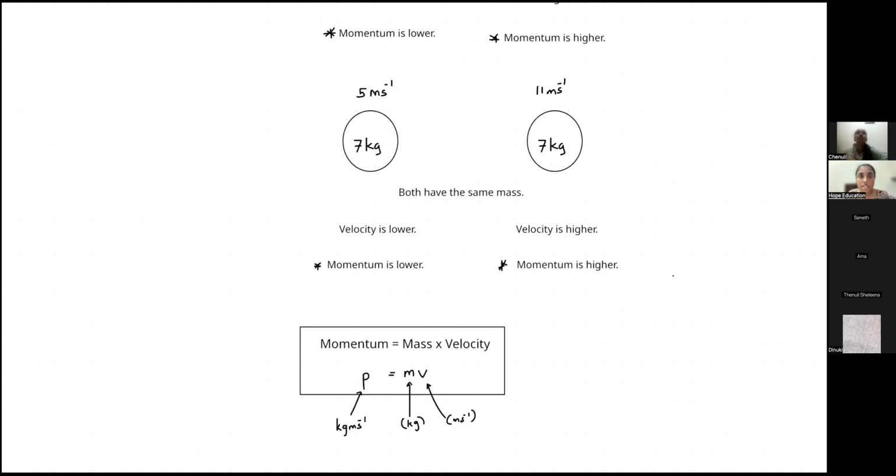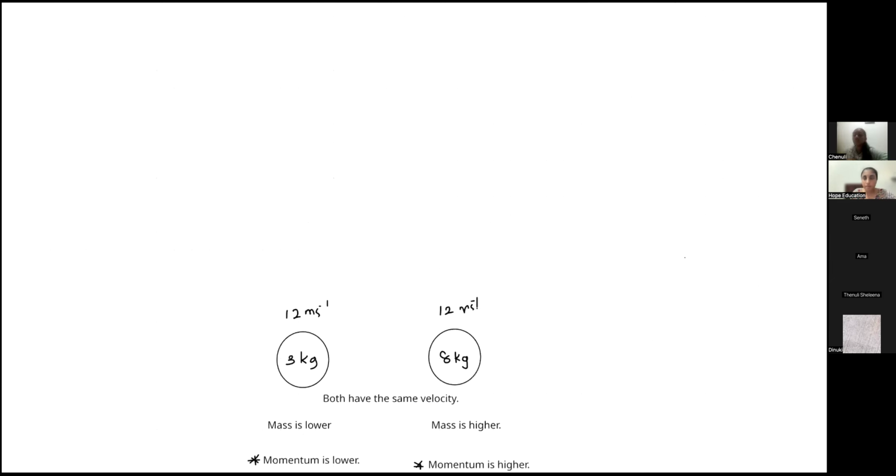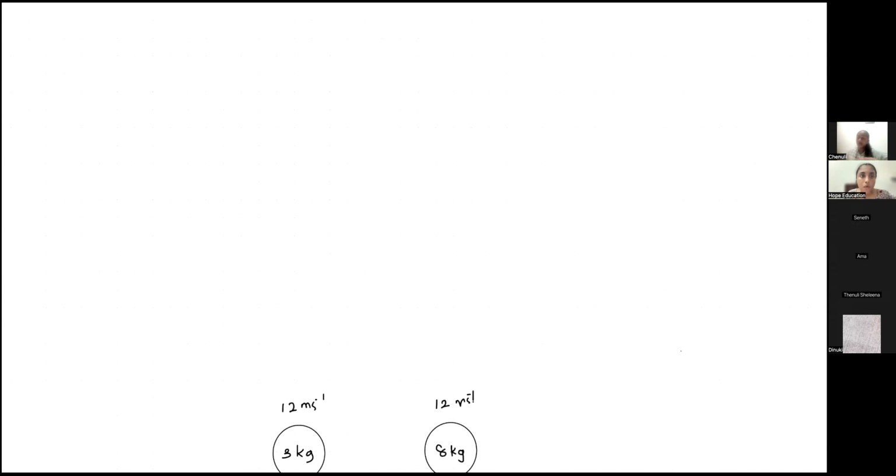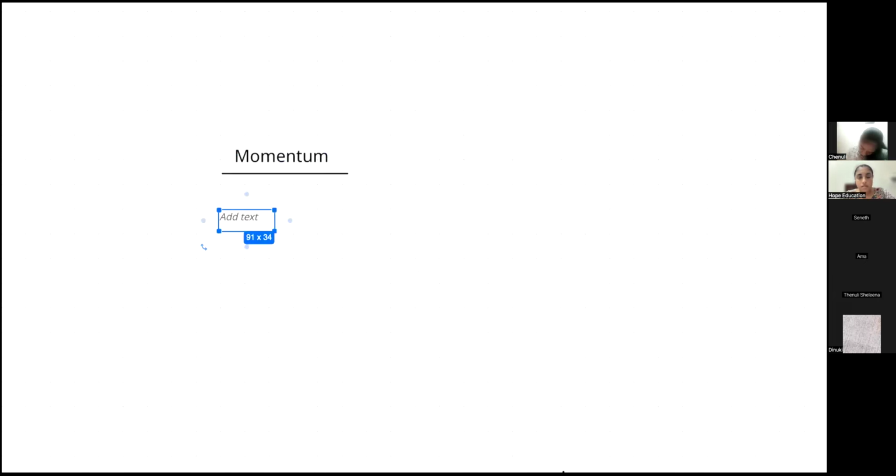Okay. Take the topic Momentum. Put a star and write the topic, momentum.